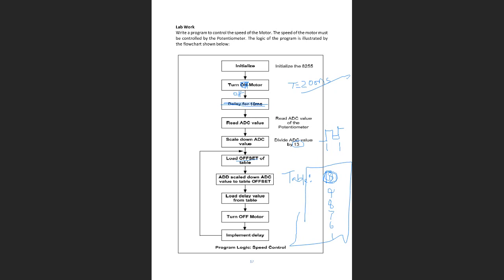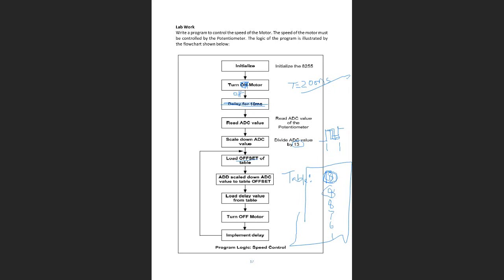Then if it is a little bit more than minimum for the analog potentiometer value or ADC value, then we want 9. So off time is a little bit smaller, so on time will be 20 minus 9. On time will be higher, 11 millisecond. So this is the way we control it.